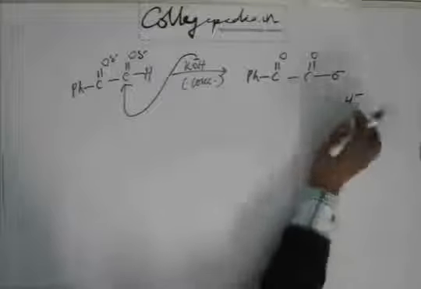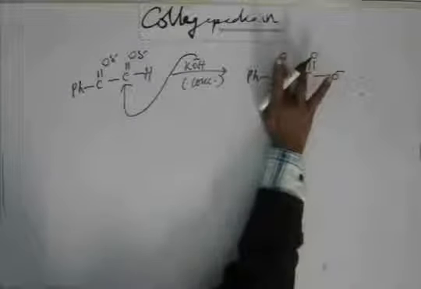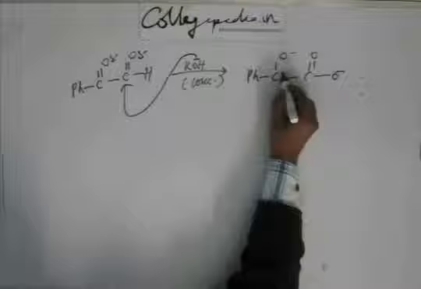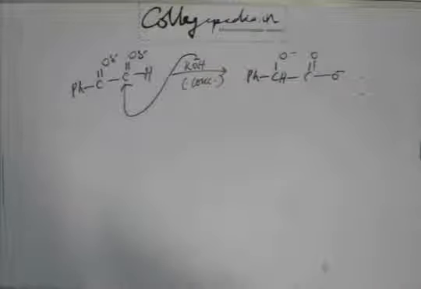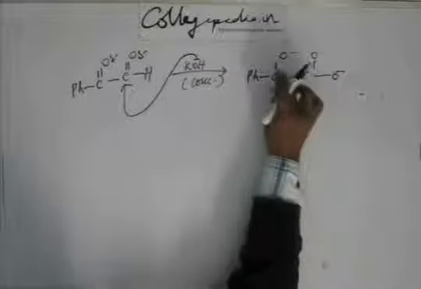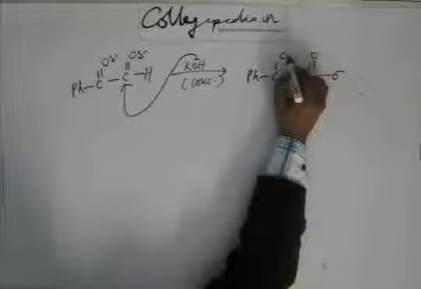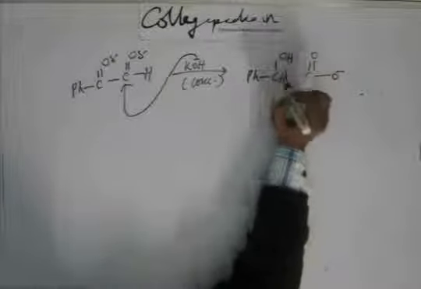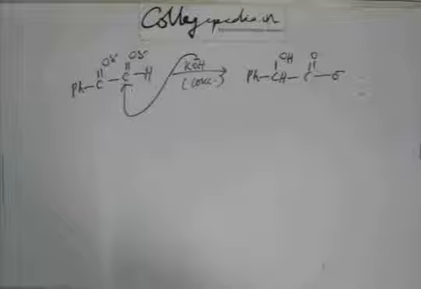So when this is being attacked, then you develop a negative charge on oxygen and a hydrogen will come here. And as I told you, this alkoxide ion will abstract hydrogen from water and become a neutral alcohol. And if you protonate, then this will become a carboxylic acid, otherwise it will remain a carboxylate ion.